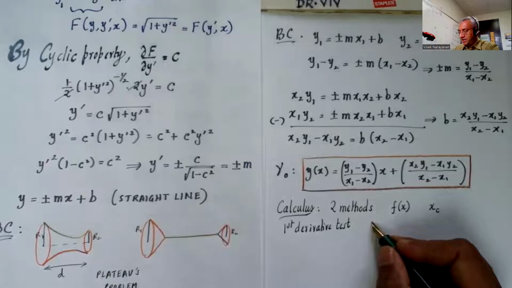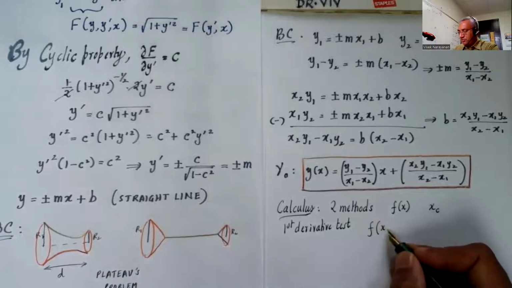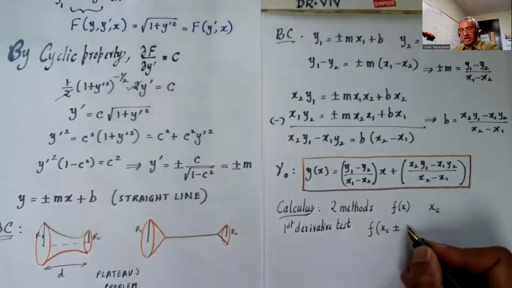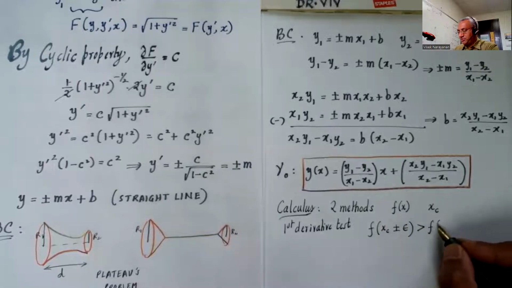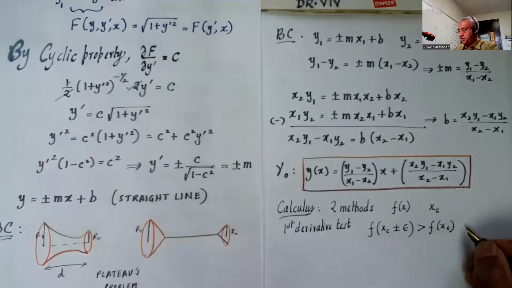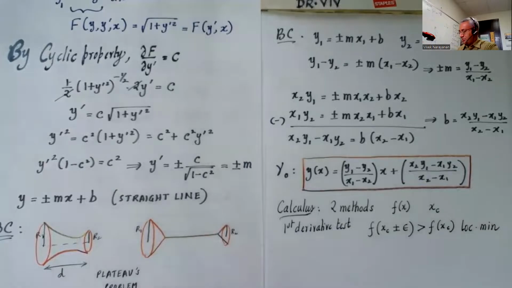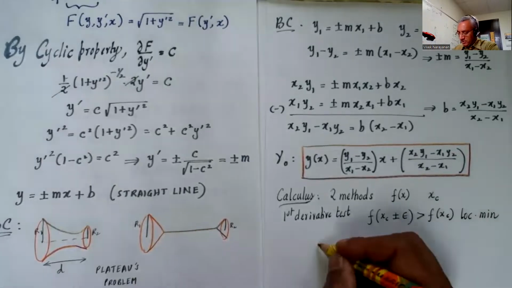The first derivative test, you see what happens when you add or subtract some quantity epsilon from x sub c, the critical value. If it is bigger than f of x sub c, then it's a local minimum. The reason is because of this.